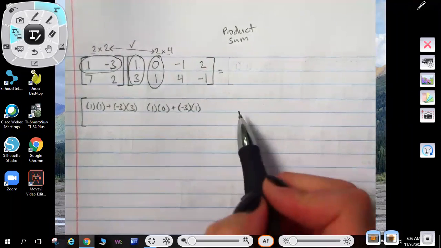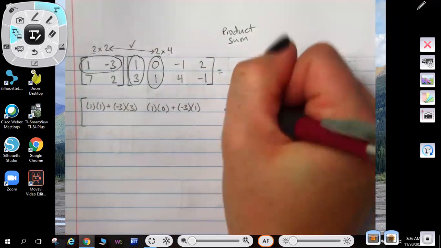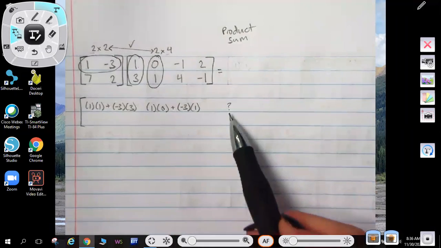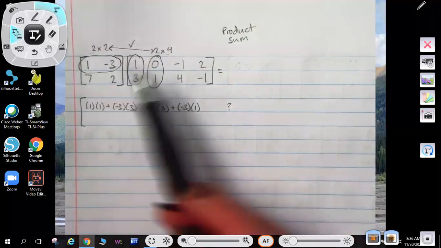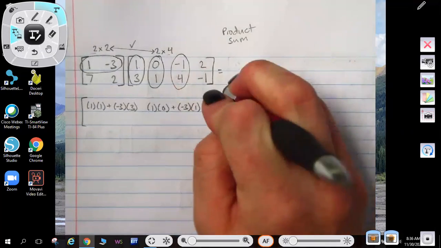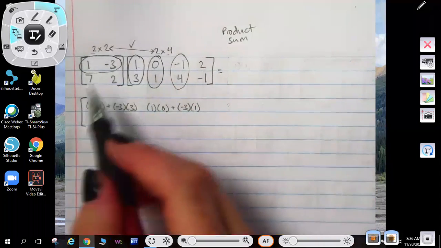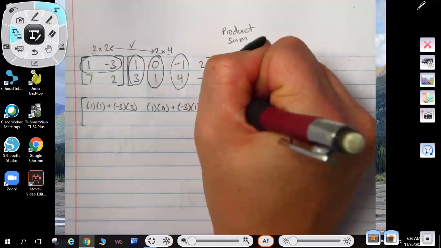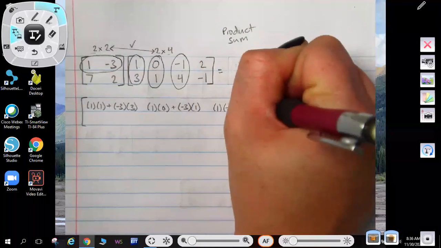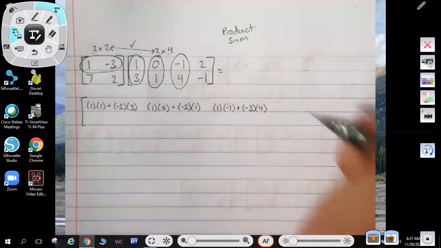Okay, so now we're still in the first row, but we want to know what goes in the third column of our first row. So first row, third column are the numbers that we're using now. So it's going to be 1 times -1 plus -3 times 4.